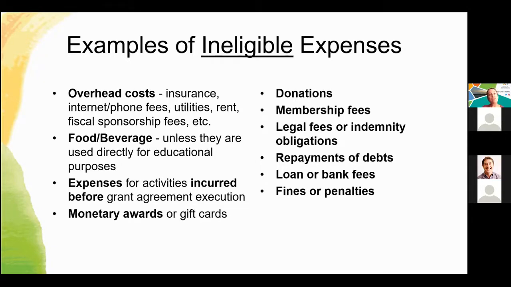But if you are just having an event, the funding cannot go towards purchasing food and beverage to be served exclusively. Expenses for activities incurred before the grant agreement execution. So all expenses that will be covered have to be between the dates in the agreement. Monetary awards or gift cards, donations, membership fees, legal fees or indemnity obligations, repayment of debts, loan or bank fees, fines or penalties. These are not covered under the 4Rs grants.